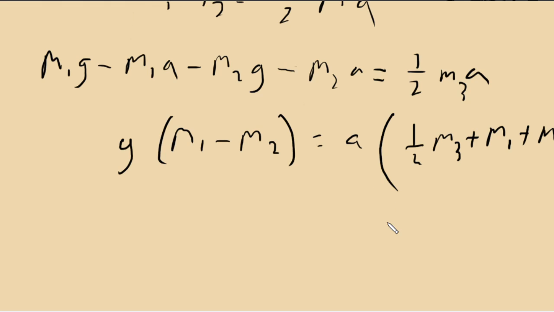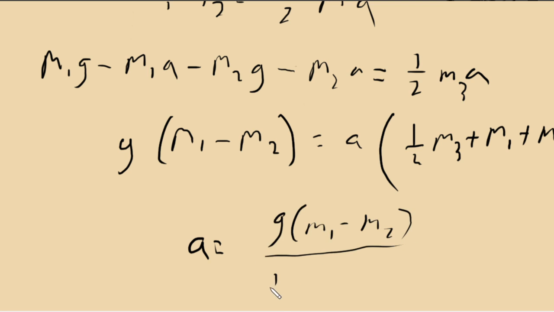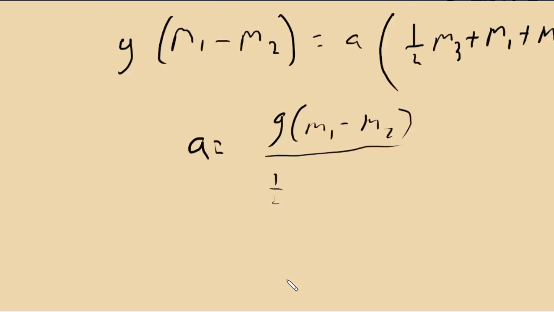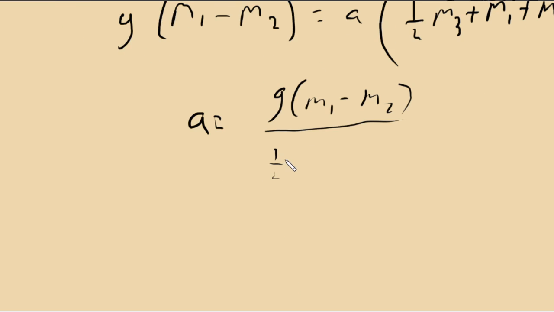Okay, so now it should be pretty obvious that we could just divide the left side. We know what mass 1 and mass 2 and gravity are, so we just need to divide by everything here, and our only unknown is our acceleration. So we get an acceleration equal to G times M1 minus M2, divided by 1/2 M3 plus M1 plus M2.